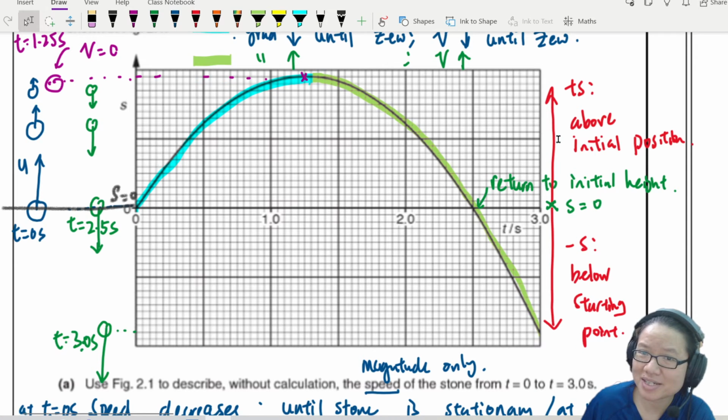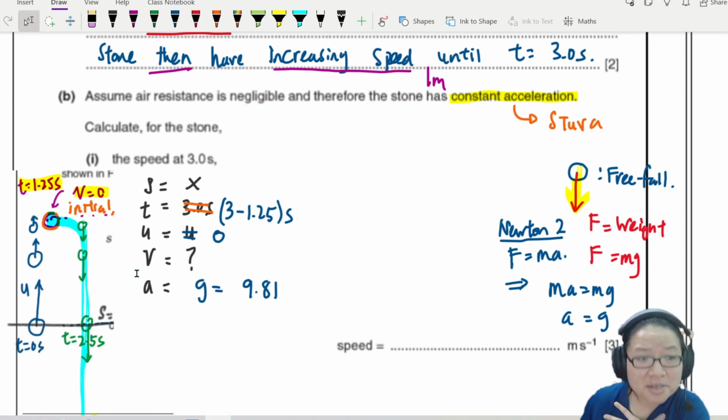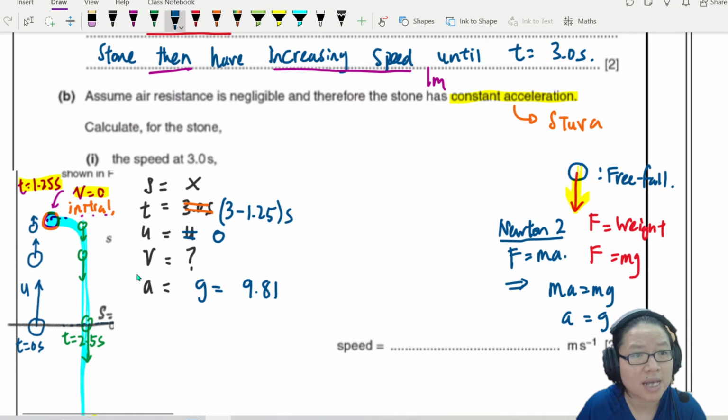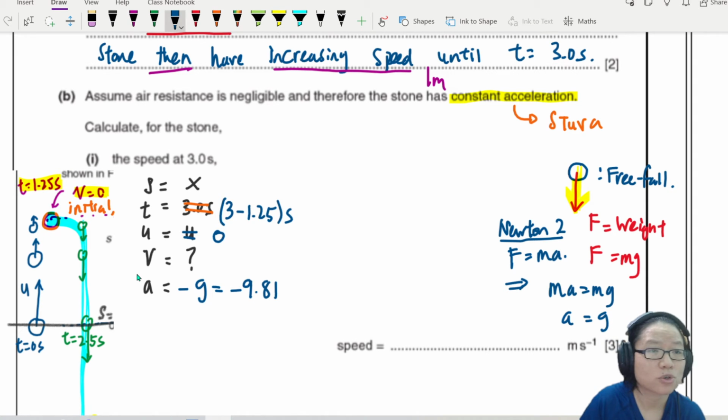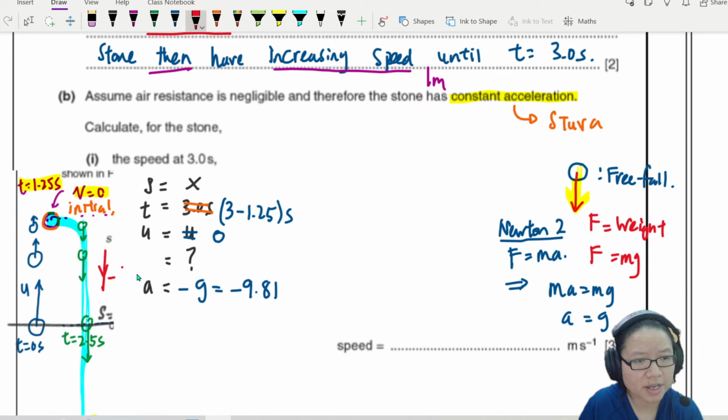There, positive S, negative S, so I best stick to it, meaning this g has to be negative. So I will draw here, and the gravity, or the acceleration, is equal to negative g.